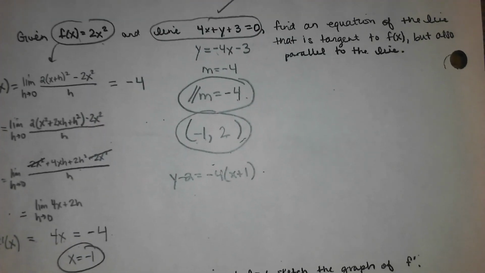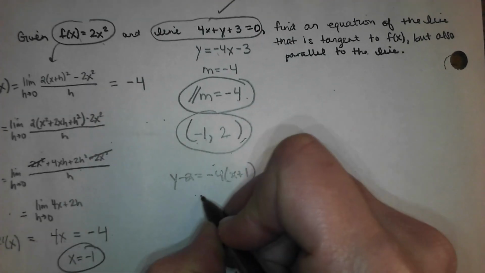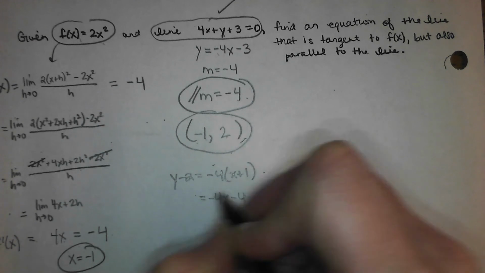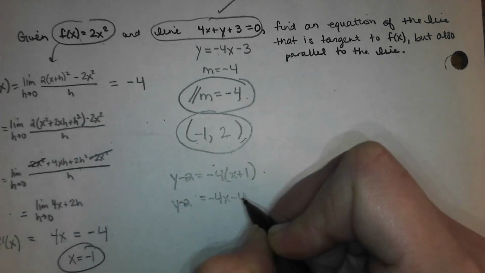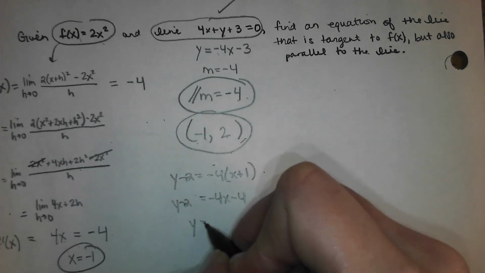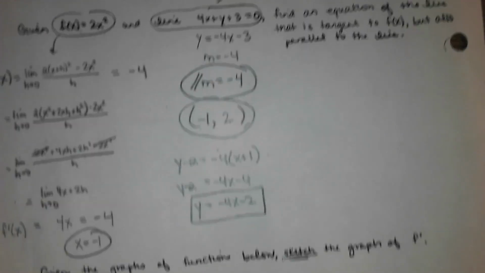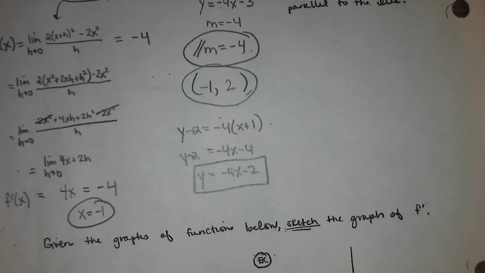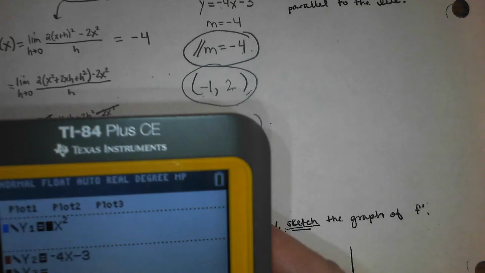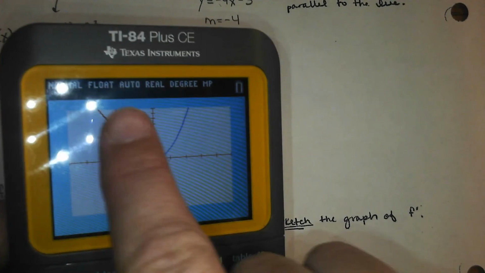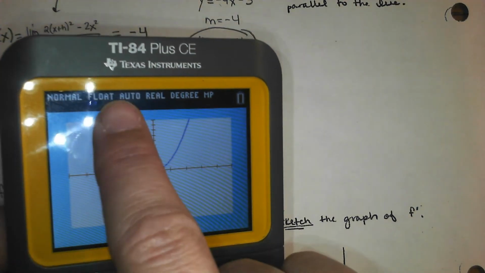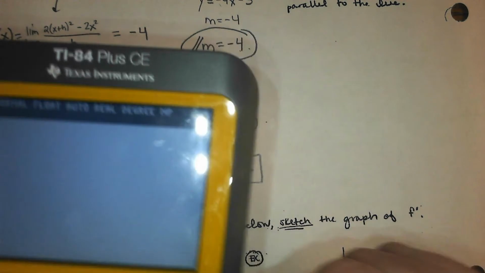And just so I can type it in on the calculator to show you, I'm going to change it to slope intercept. And you'll see now when I graph this third function, it's going to be parallel to the red, but it's going to be tangent to the blue.